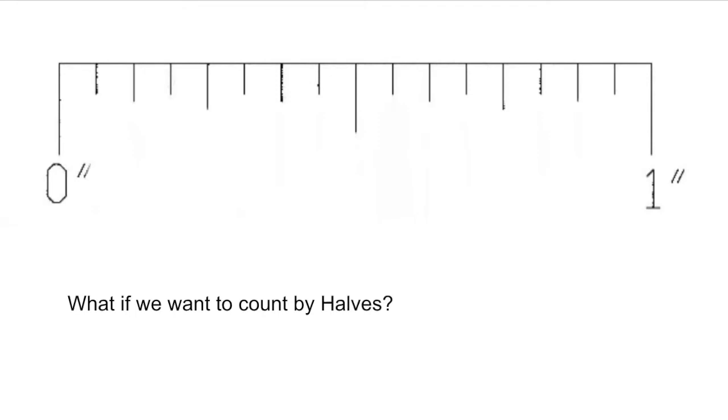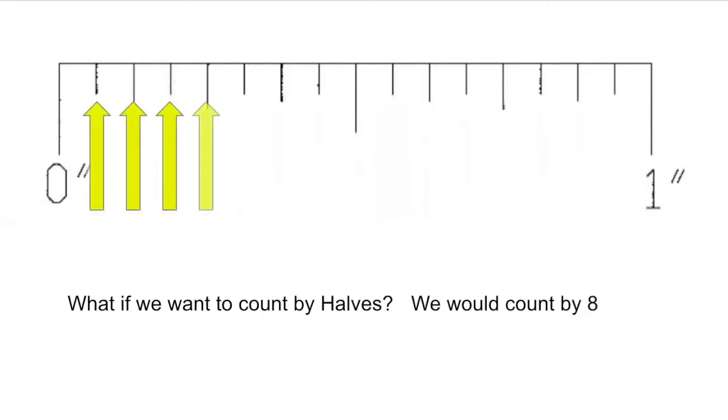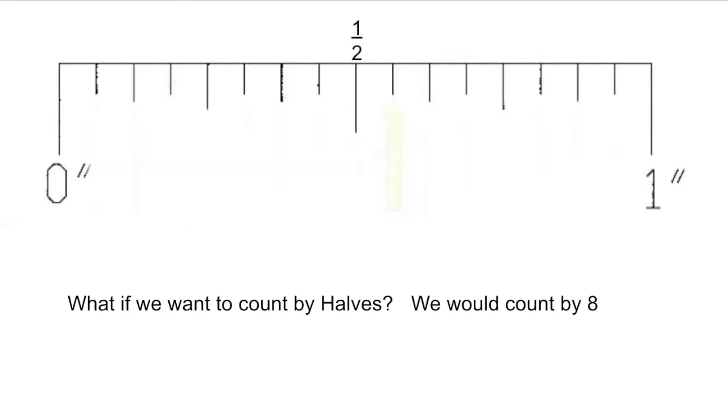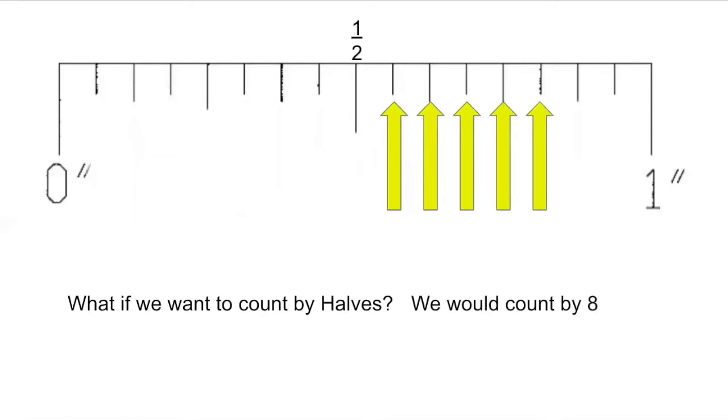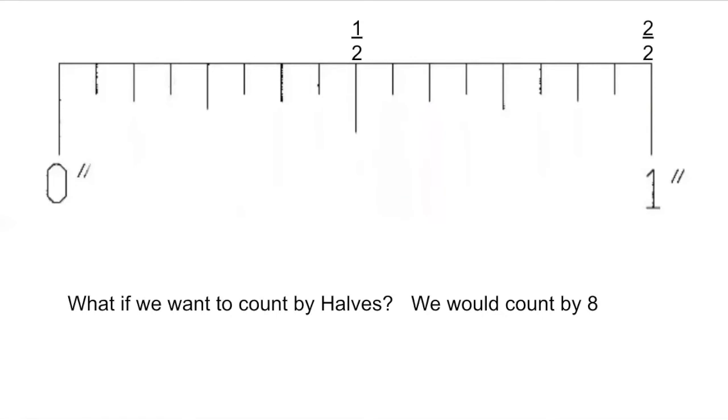What if we want to count by halves? Again, the same thing. We could count by eighths this time, and we would get our halves. So 5, 6, 7, 8. That is 1/2. Then 2 halves. Okay, so 1/2 and 2 halves.